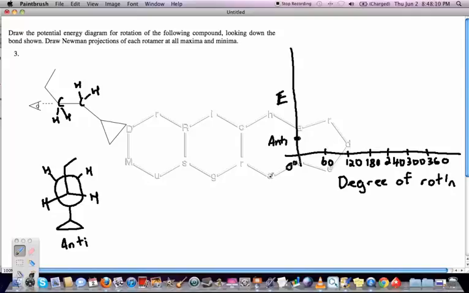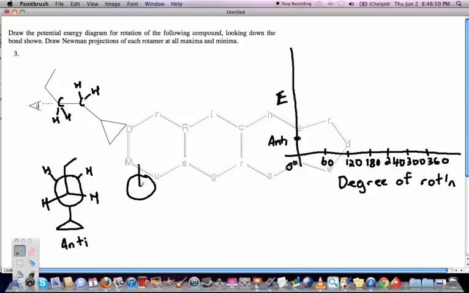Now what we're going to do is we're going to rotate this around 60 degrees. And when I do that, I can either choose to rotate the back or the front, just to be consistent. And it doesn't matter which way you rotate, counterclockwise or clockwise, again, as long as you're consistent. I'm going to choose to rotate the back, and I'm going to rotate it clockwise. Let's get a good circle going here. It's better.